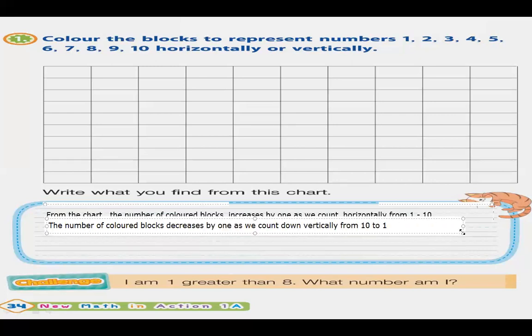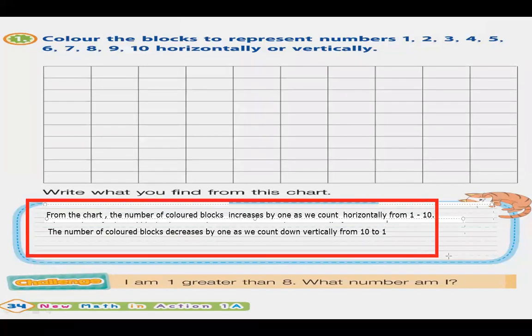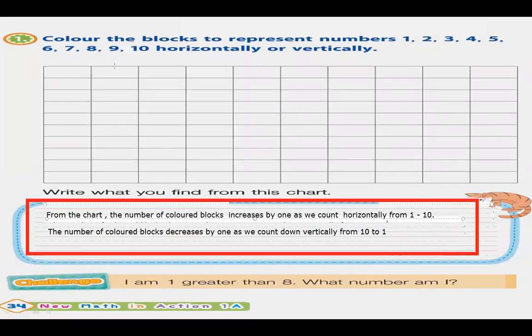So you have to write this one on your paper. Okay, write this. Read this one, and then you can find the answers here. You will know the answers from here. Okay, again, color the blocks here. 1 up until 2, and then 3, and then continue up until here.